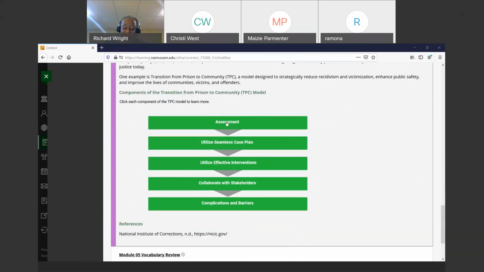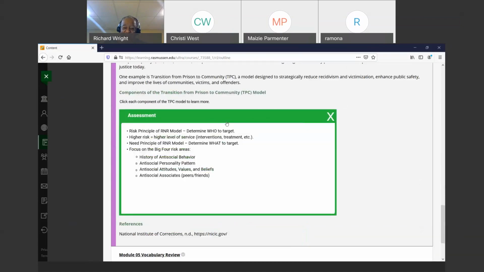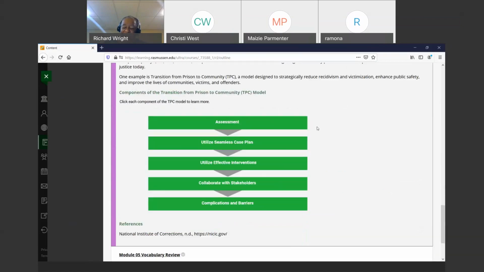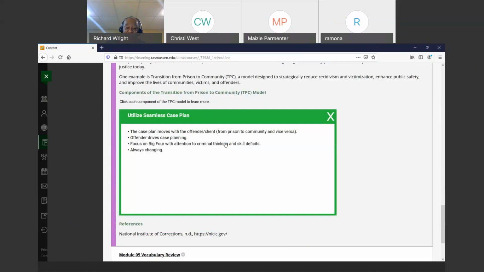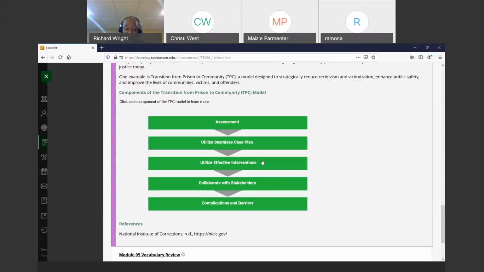And I'm not going to elaborate on that, but if you clicked on this, you will see what those are. And you'll see R and R. Again, this helps you with your assignment. By the way, don't cite the module in your paper. Use seamless case plans. In other words, focus on the big four with attention to critical thinking and skill deficit, always seeking to change that individual.